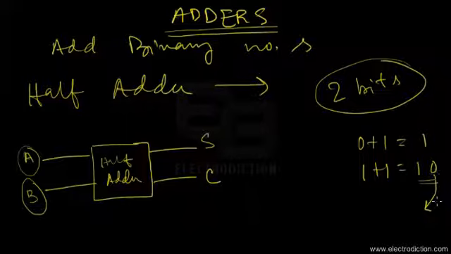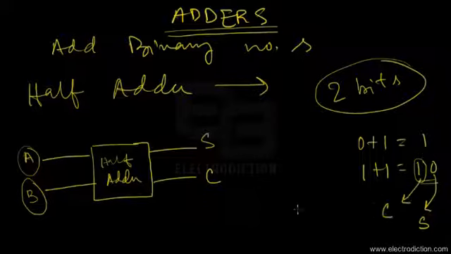This units digit over here, that's the 0, represents the sum of the addition, and this tens digit, that's the 1 over here, represents the carry. So if we are using a half adder and both our inputs are 1s, then we would obtain a sum that looks somewhat like this. All right, so that is pretty much explained.